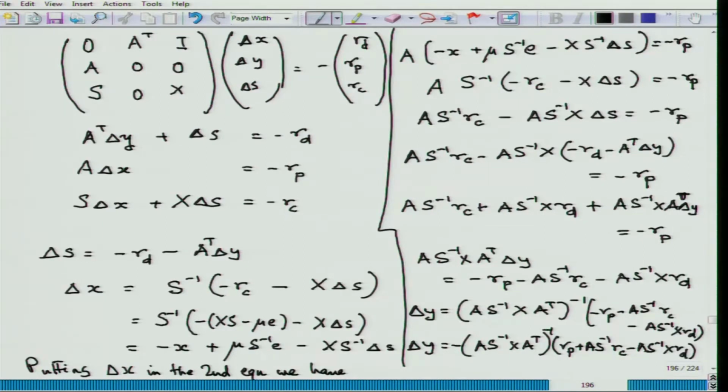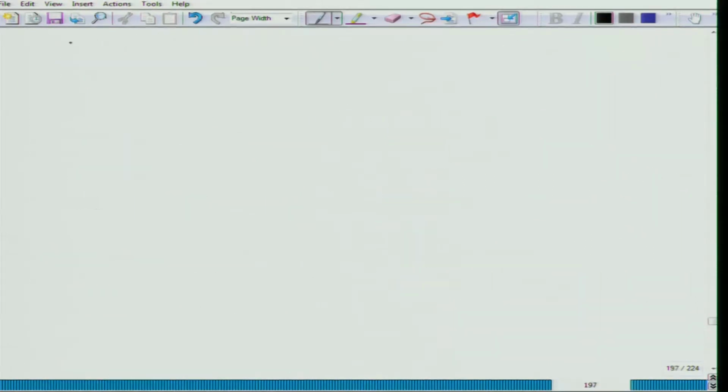Because this matrix is positive definite. Now, how do you prove that this is positive definite? Very important thing to note here: A x S inverse A transpose is positive definite.